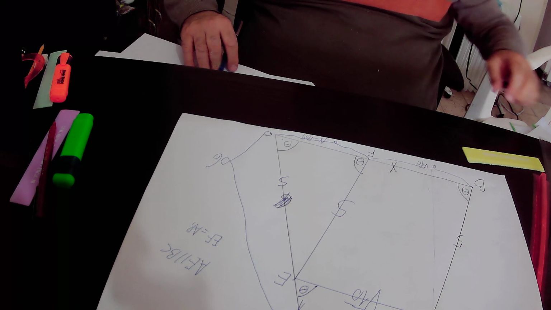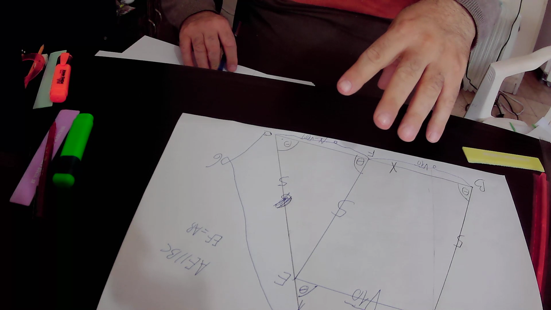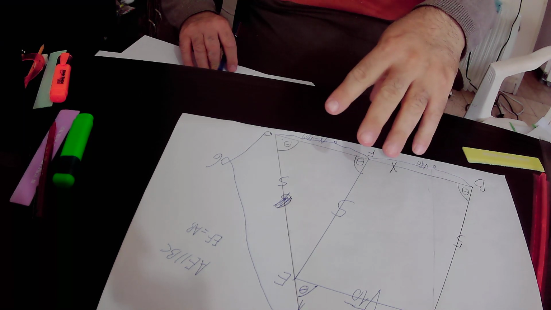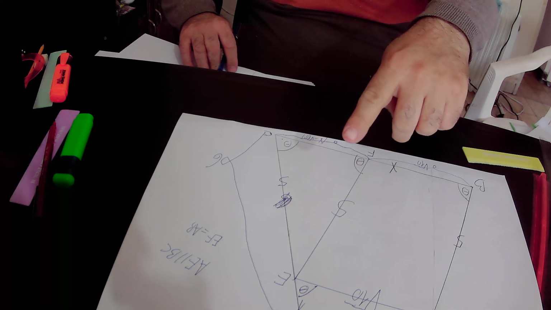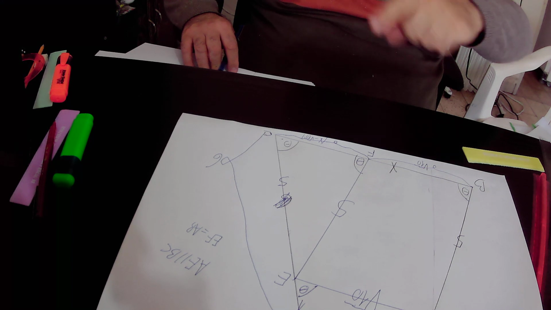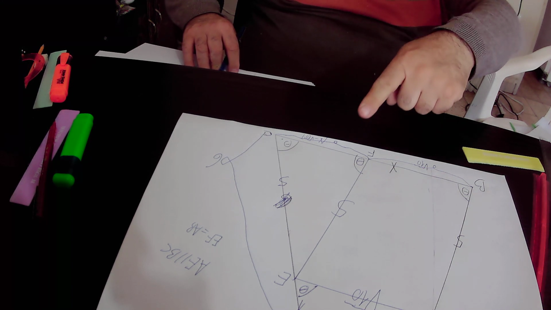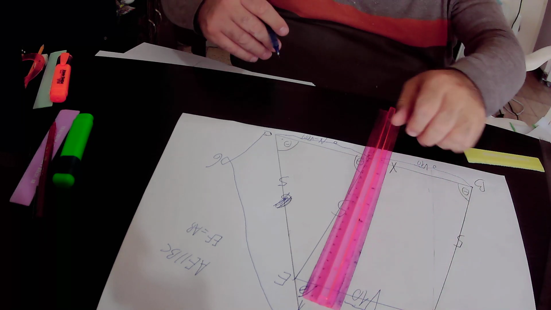In the next step, from point E, we'll focus on the isosceles triangle EFC. From point E, that is the vertex of the isosceles triangle, we will draw a perpendicular on FC.